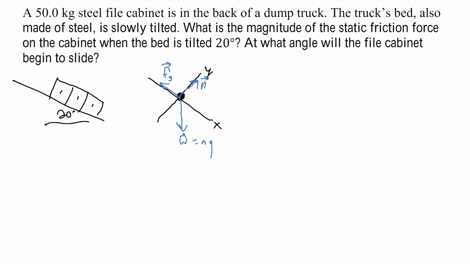But if we split the weight using the 20 degrees, oh, okay, we can do that. So the weight vector is split. We have a weight along the y-axis, W sub y, and a weight along the x-axis, W sub x.